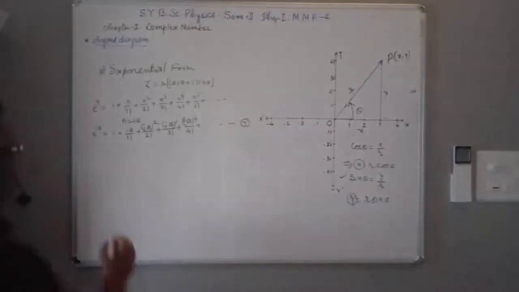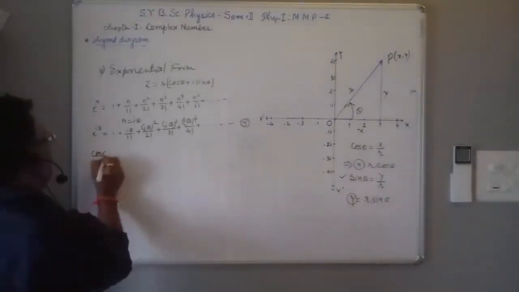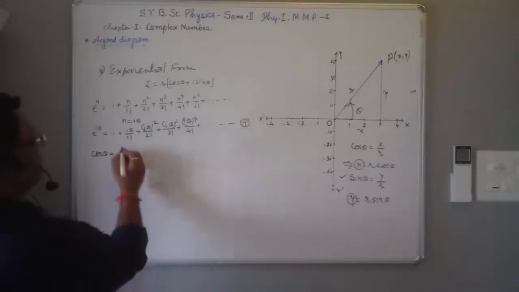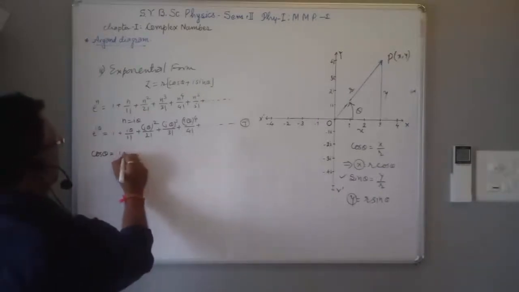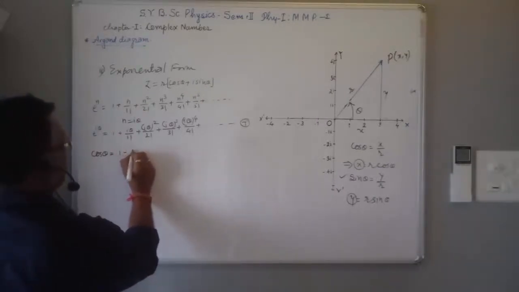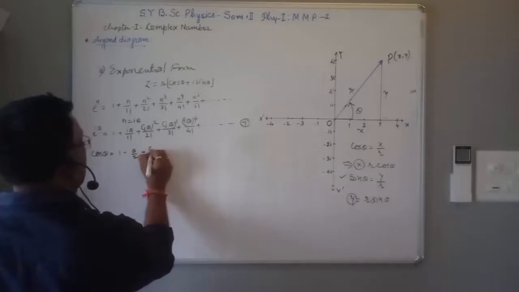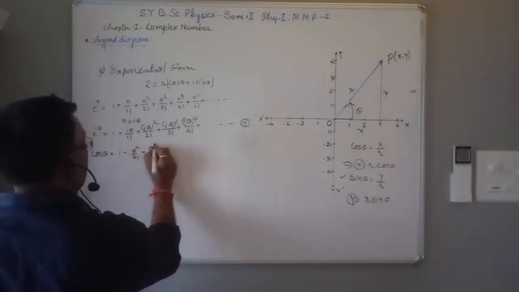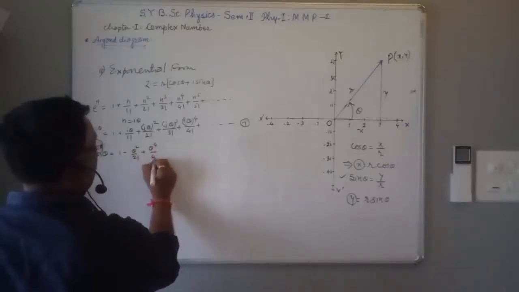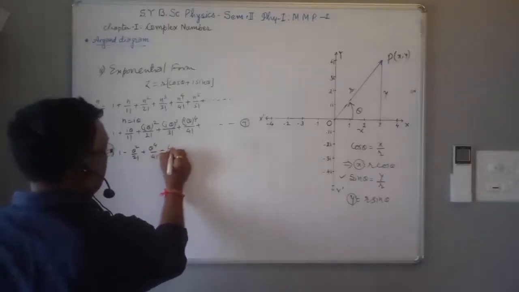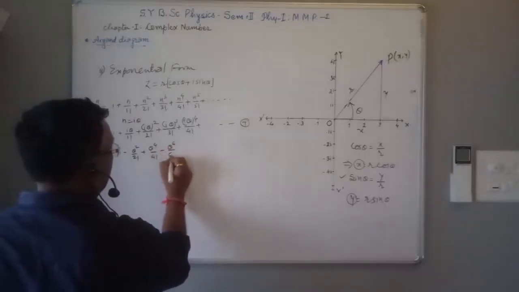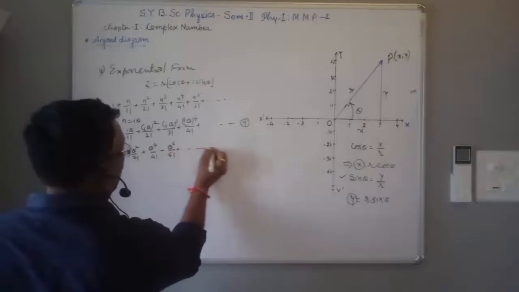Also, according to Maclaurin series, we have cos theta is equal to 1 minus theta square upon 2 factorial plus theta raised to 4 upon 4 factorial minus theta raised to 6 upon 6 factorial and so on.